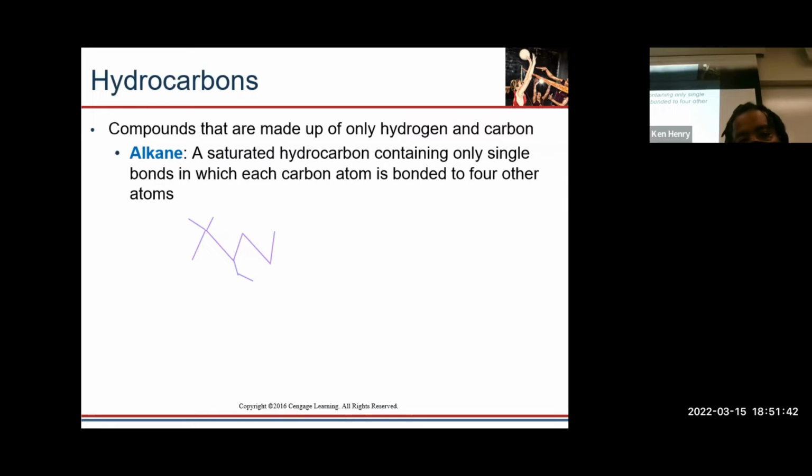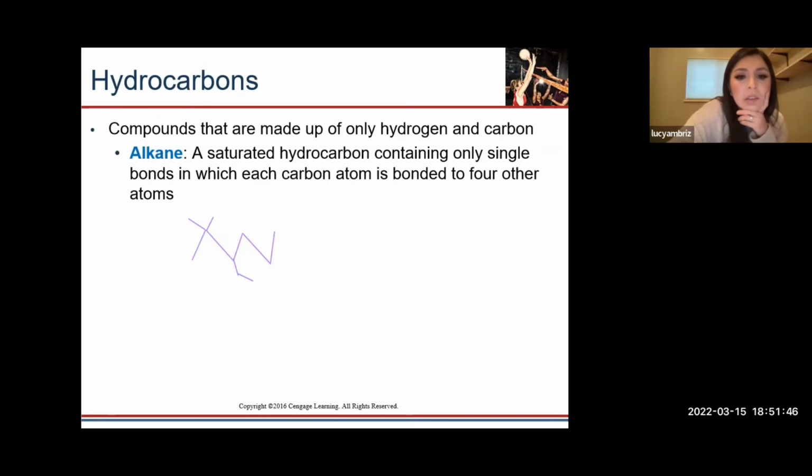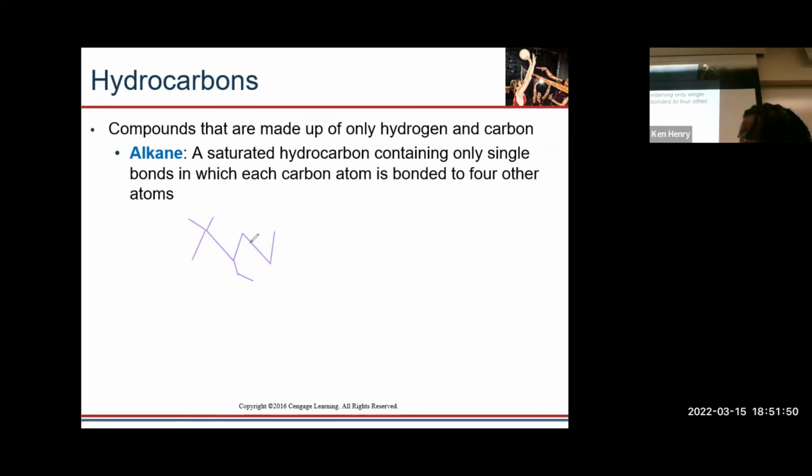So let's go ahead and find the longest chain. It'll be 6: 1, 2, 3, 4, 5, 6. We want to start numbering to give our side chains the lowest number possible. If there is a double bond or a triple bond, it has priority over the side chains. We want to try to give the double bond or the triple bond priority.